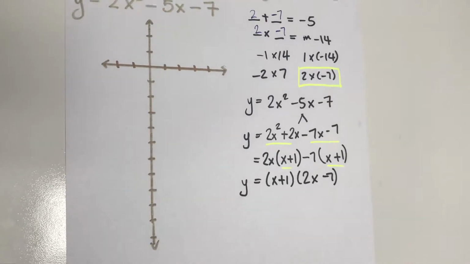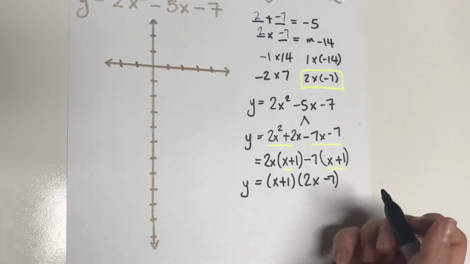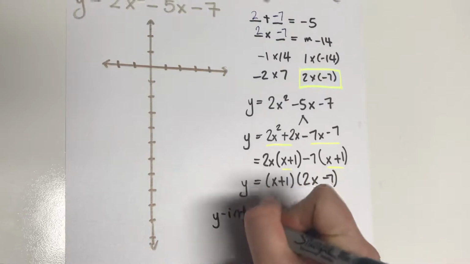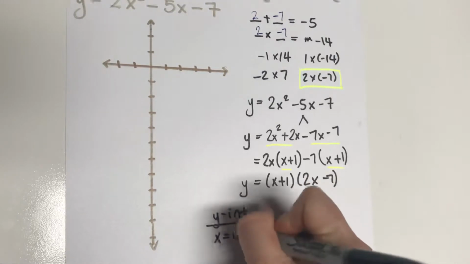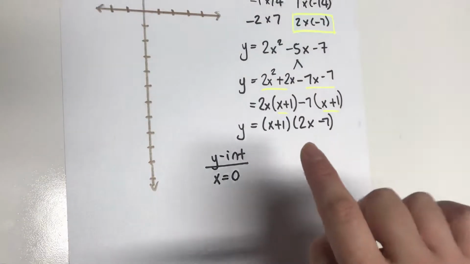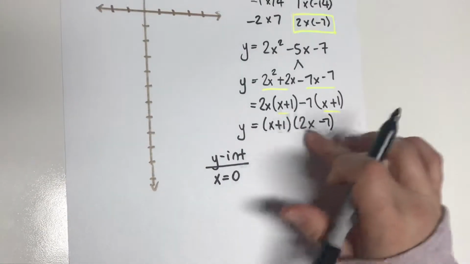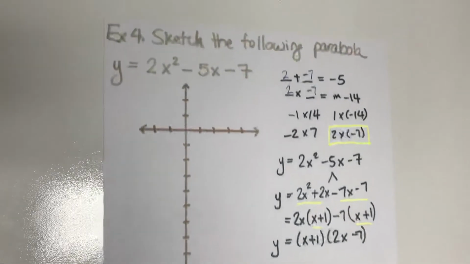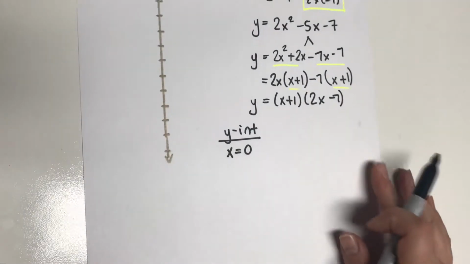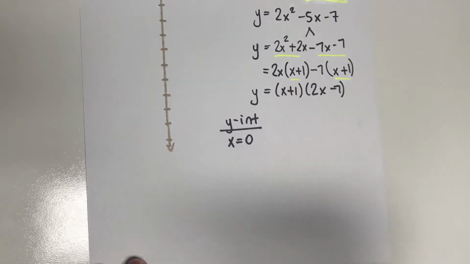Now that I have my factored form, I'm going to look for a couple things. I'll start with my y-intercept. I'm going to let x equal 0. You could input it into the factored form, but I could even input x equals 0 into that original equation, and that's actually what I'm going to do, just to show you something.